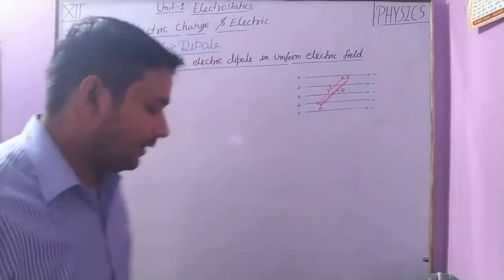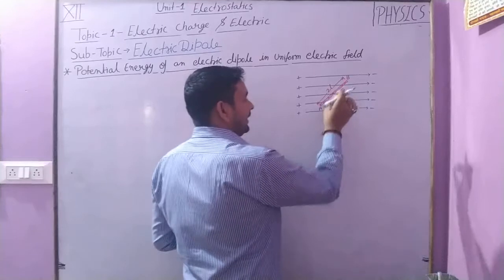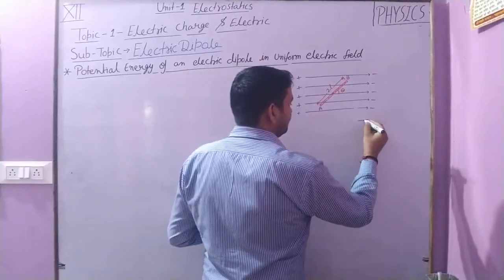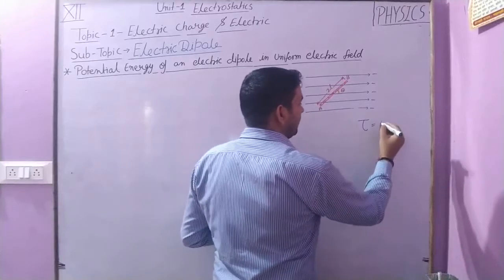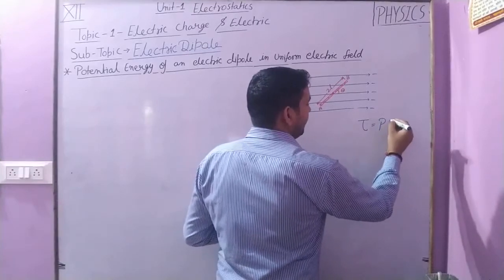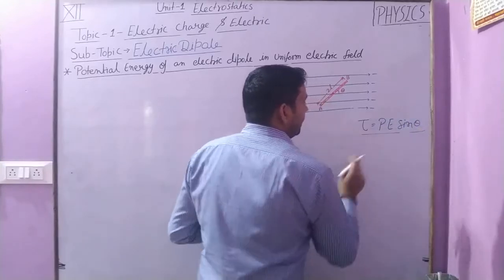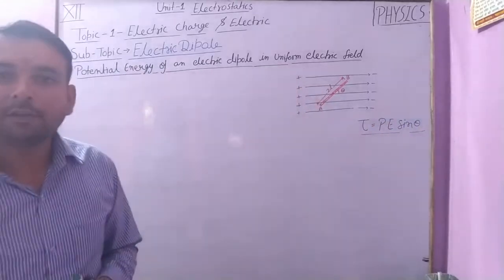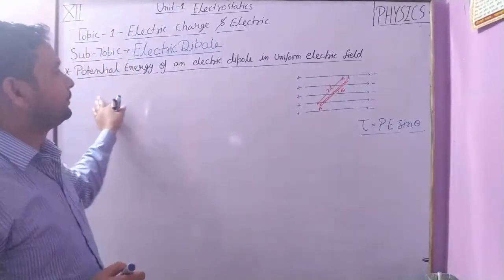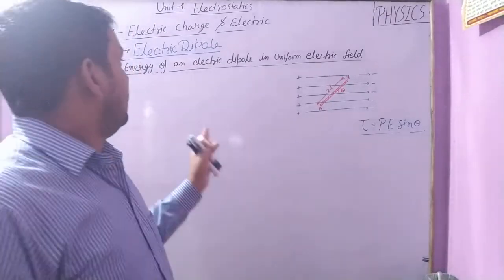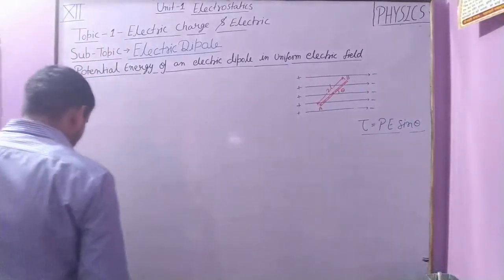As we learned in the previous class, when an electric dipole is kept in a uniform electric field, it experiences a torque which is given by PE sin theta. Now by using this torque we can calculate the potential energy of an electric dipole in a uniform electric field. Now we start.